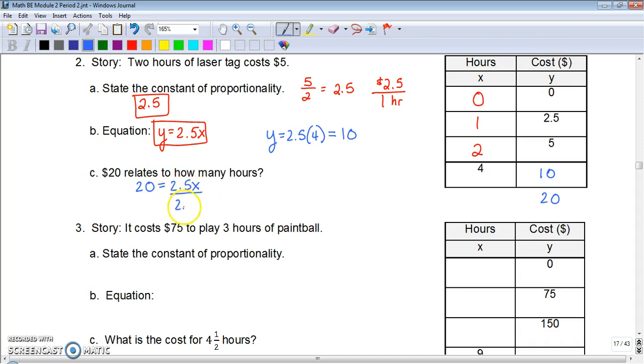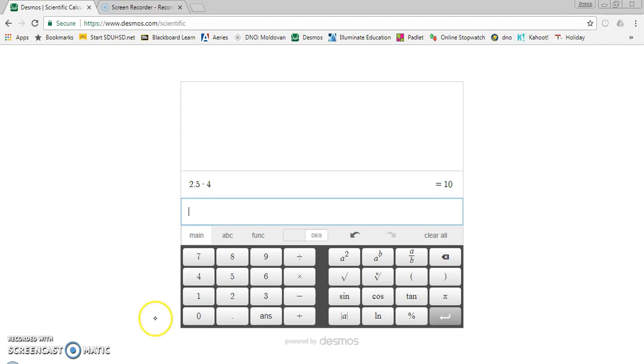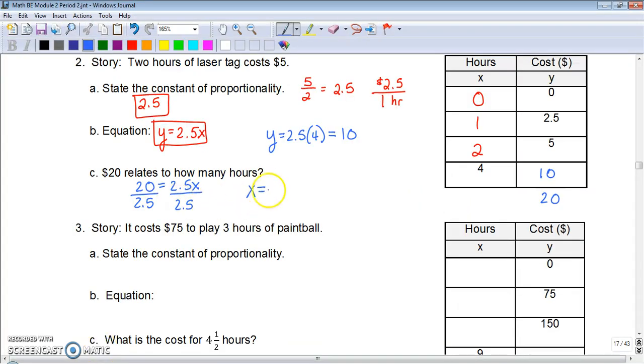Solve for X by dividing both sides by the number in front of X, the coefficient. So 20 divided by 2.5 is 8. 8 hours. That makes sense because I also double X as I double Y.